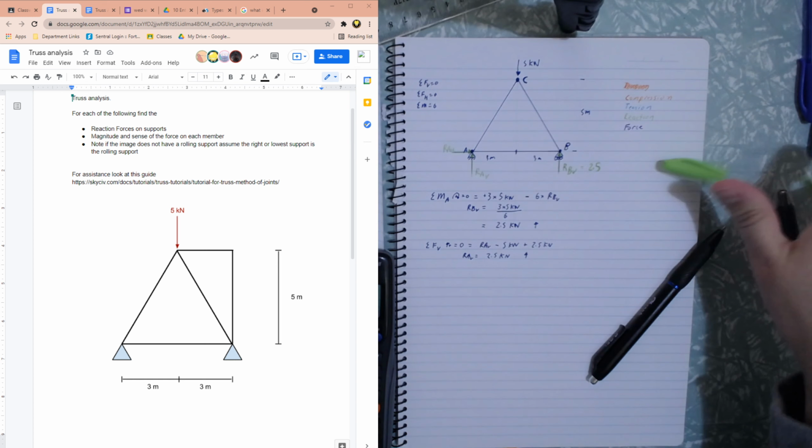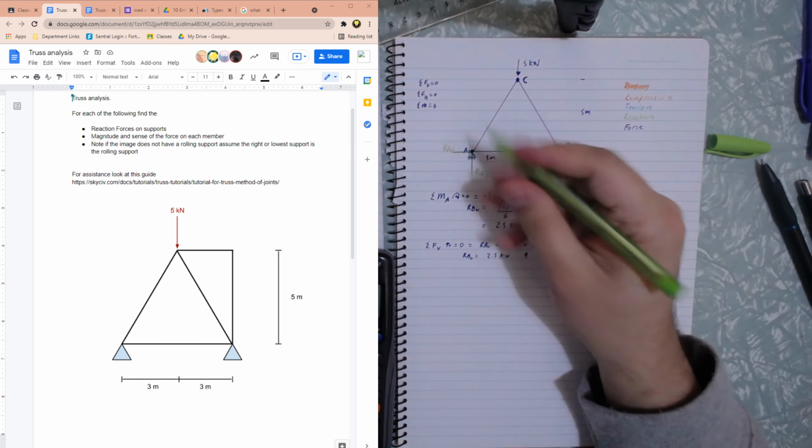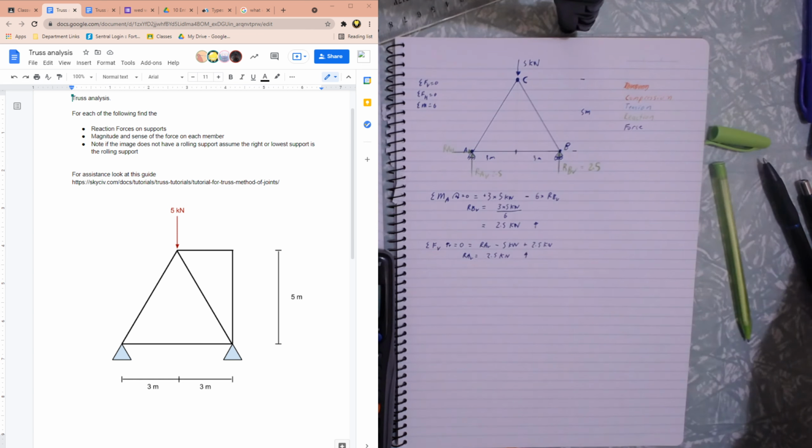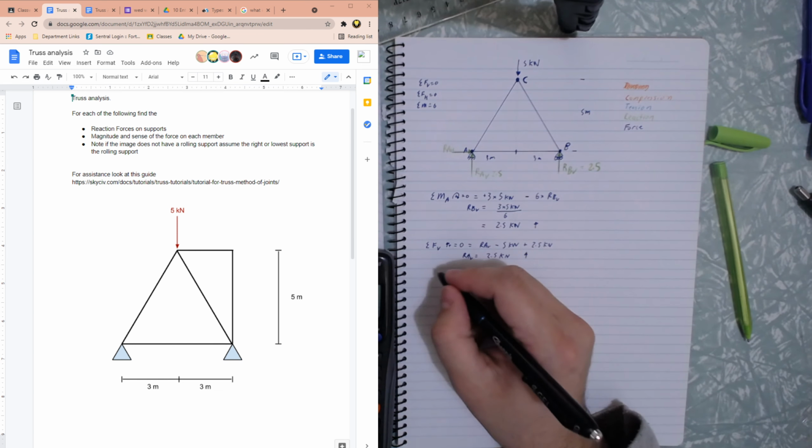We have RAV, we have minus 5 kilonewtons plus 2.5 kilonewtons. So then RAV is going to equal 2.5 kilonewtons up. Alright, so that means we have 2.5.